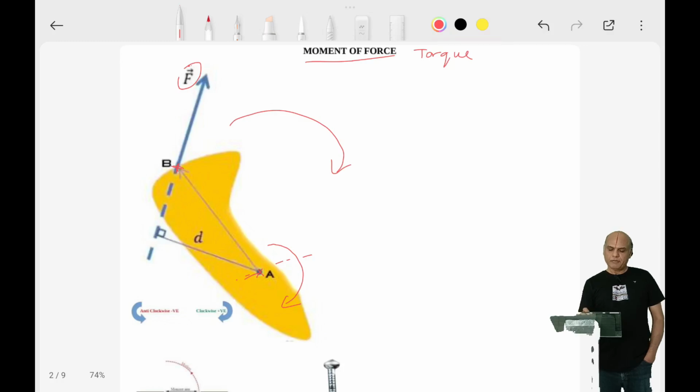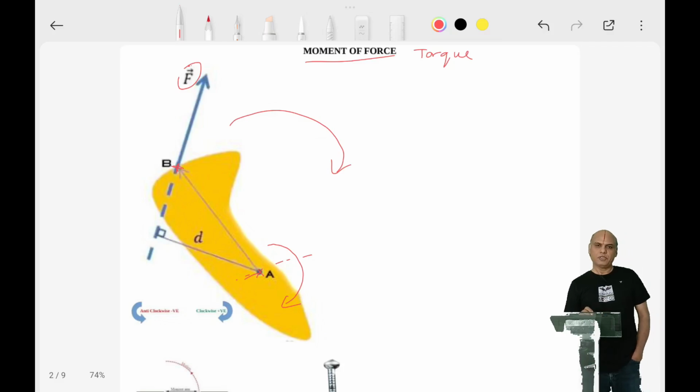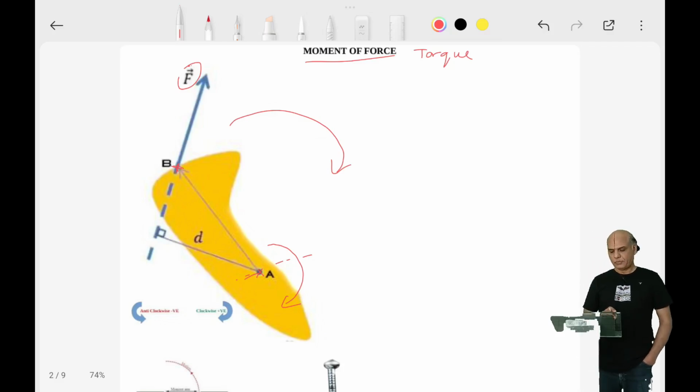The turning effect produced in a body due to application of an external force about an axis passing through the pivot, or about an axis of rotation, is called moment of force, or torque.